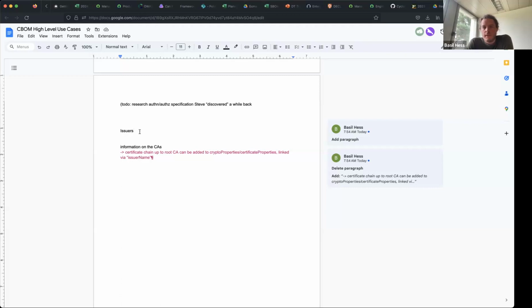You have a certificate issued by an issuer, which then has a certificate chain at the end, right? Right, that's what I added there as a comment. It's possible you can have multiple certificates that link to each other via the issuer name. But I wasn't sure if this issuer here standalone was related to that or something else.